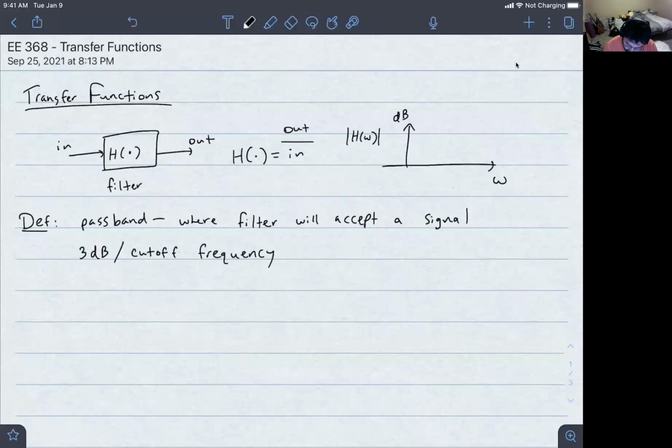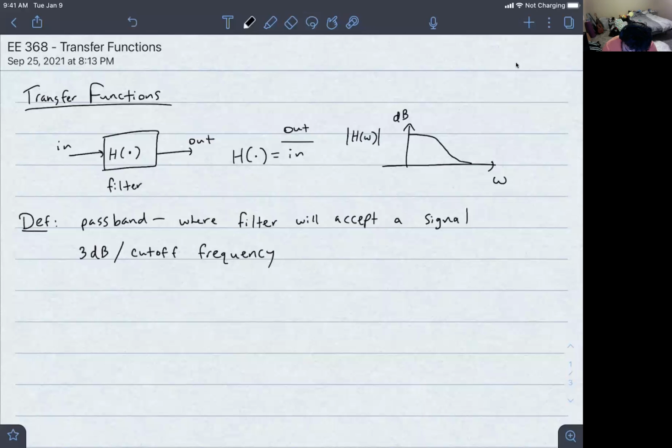So consider a low pass filter, like this. We are filtering the high frequencies and accepting or passing through the lower frequencies, right?